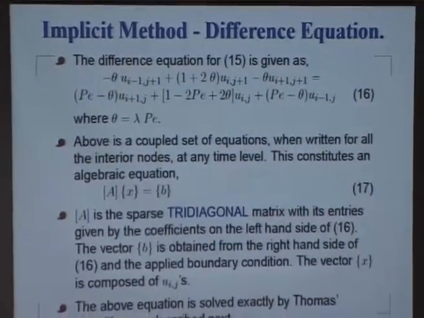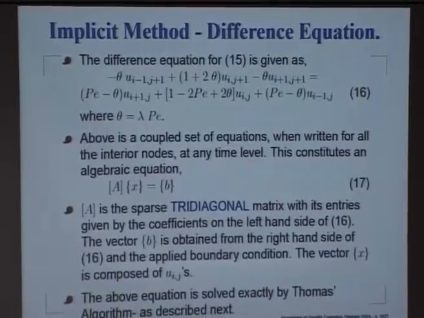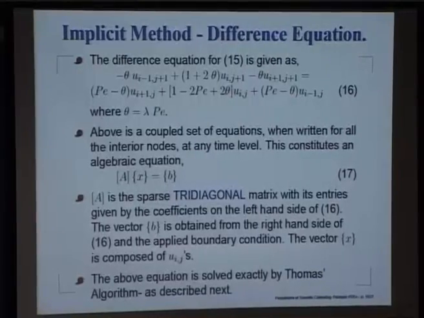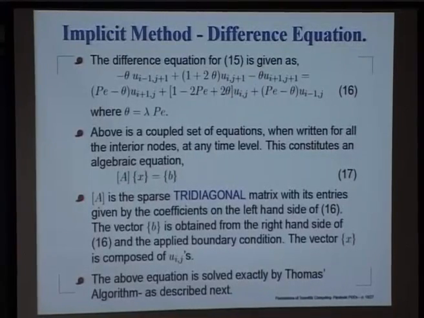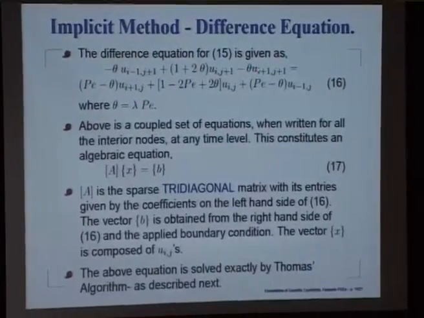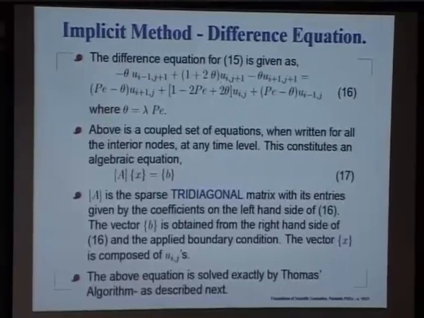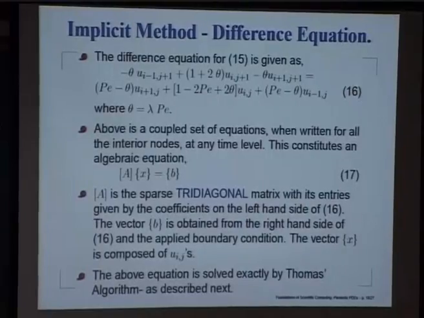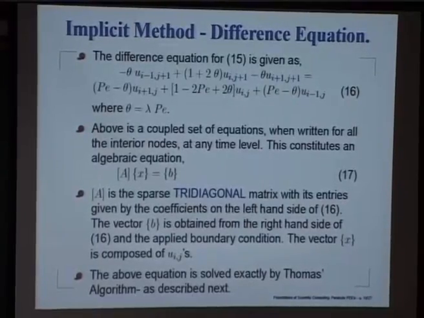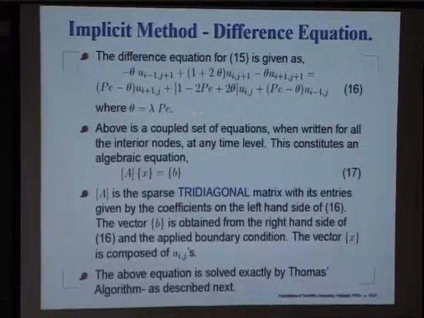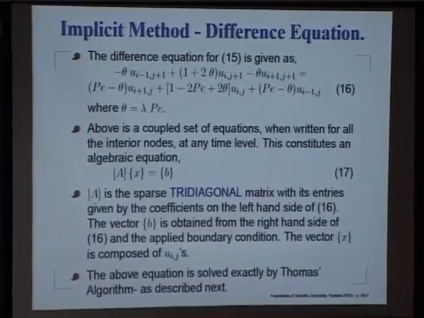So, unlike the explicit method, you realize that now you cannot explicitly pick up the value of the unknown one at a time. What is happening now? Your unknowns are all at the j plus 1th level, but they are appearing in a coupled manner, that is the i minus 1, i and i plus 1 are taken together. So, you can very clearly see that you cannot solve it in isolation.